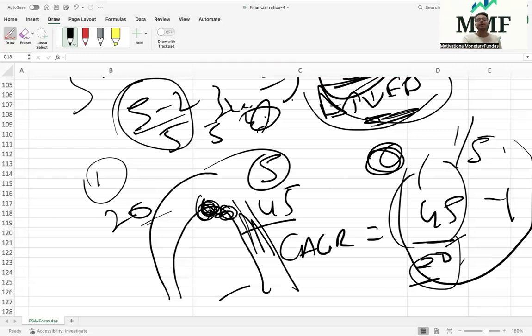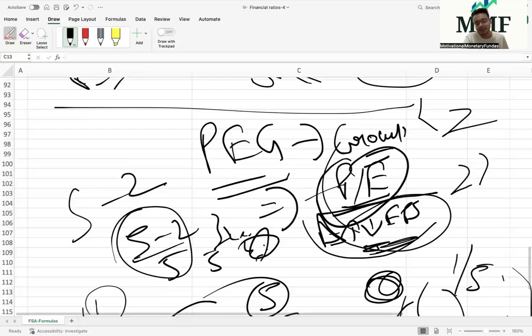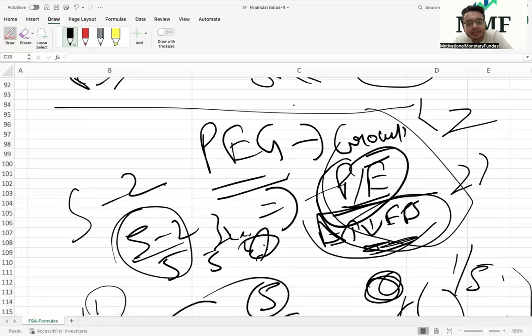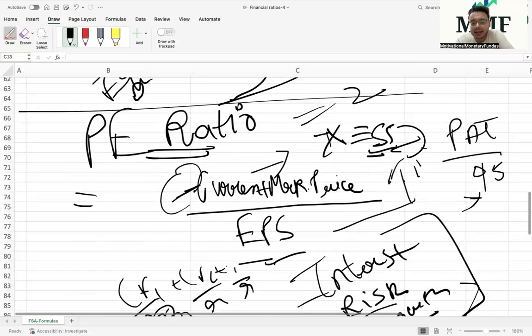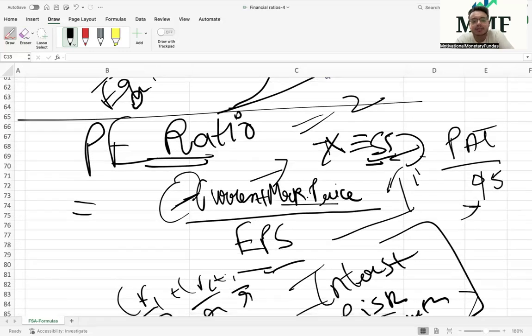If I am talking about the PEG ratio, in its numerator you have price to earning, and how do we calculate price to earning? It is the current market price divided by the EPS. If the EPS is really very strong, the earning is very strong, anyways your price to earning will also come down. Simple maths. The denominator is larger than the numerator. Simple maths, right? So the ratio will also come down.